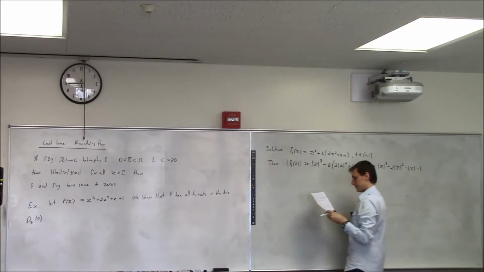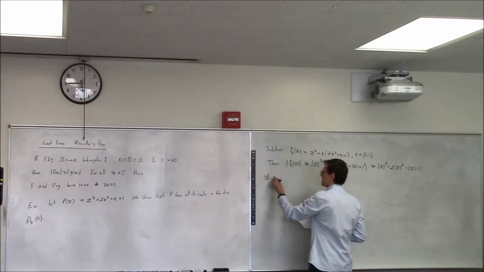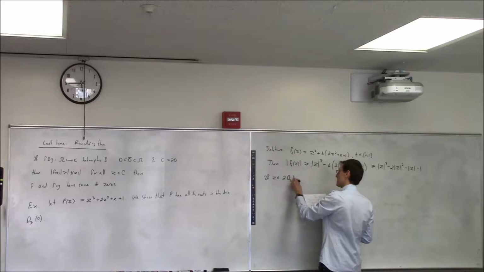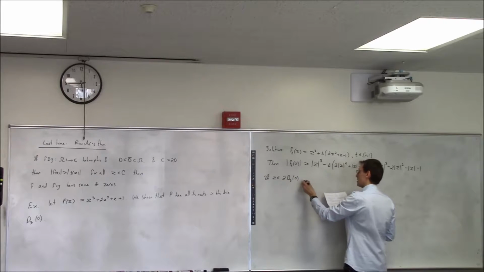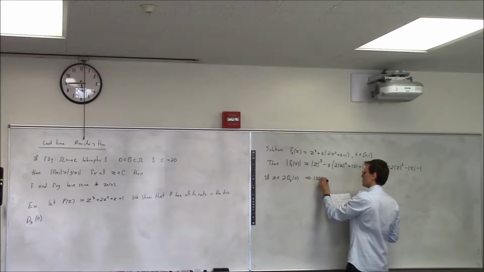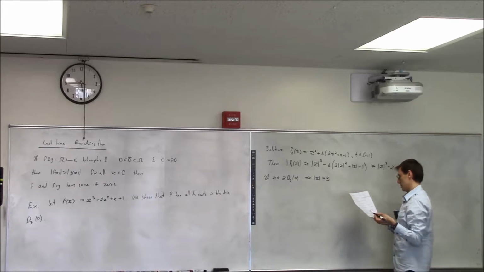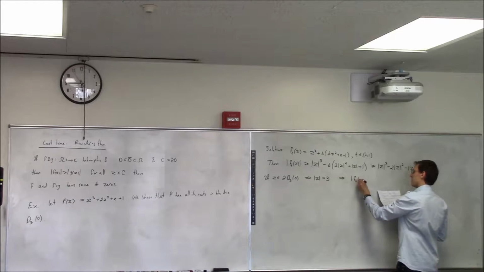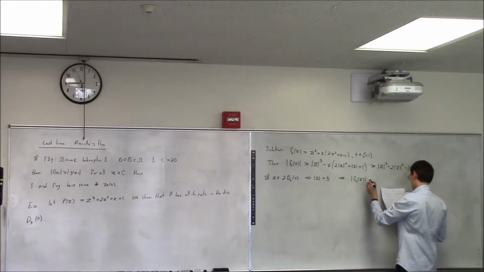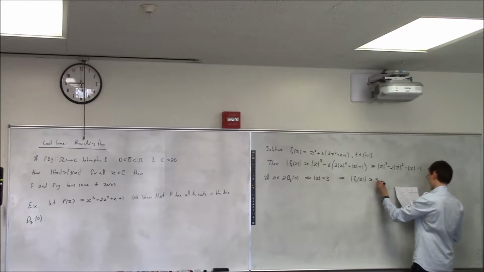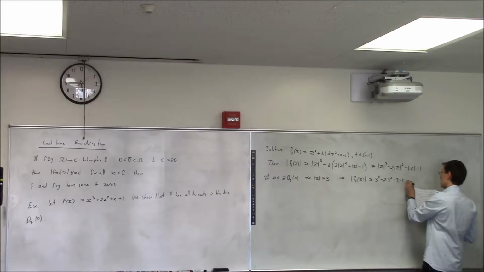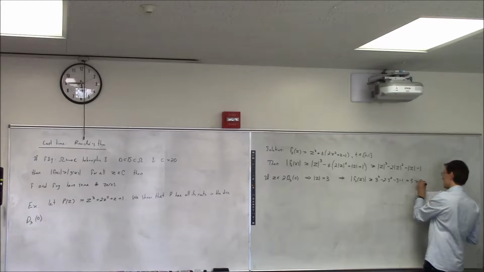So if z belongs to the boundary of the disk of radius 3 centered at 0, that implies, of course, that the modulus of z is equal to 3. And that implies that |f_t(z)| is bigger than or equal to 3 cubed minus 2 times 3 squared minus 3 minus 1, which is 5, which is bigger than 0.